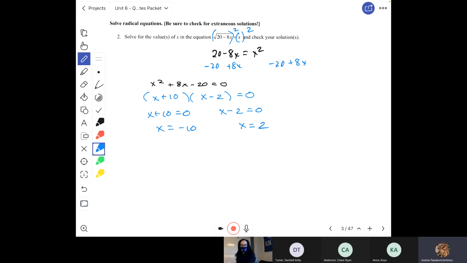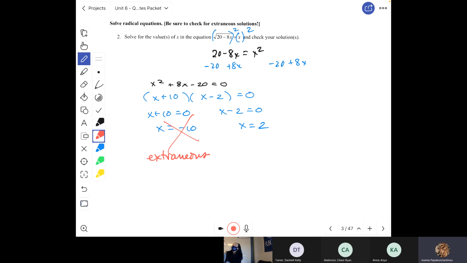Algebraically, we got these 2 values, but I'm not so convinced that they are both valid. They are? -10 is extraneous. So I'm going to be looking to see that you algebraically found those values, both of them in this case.